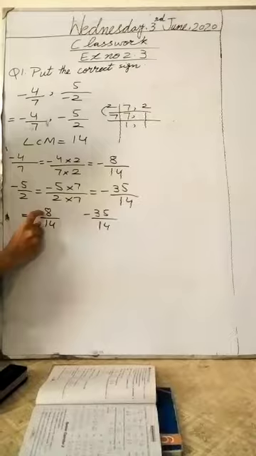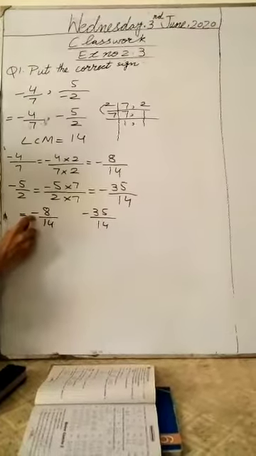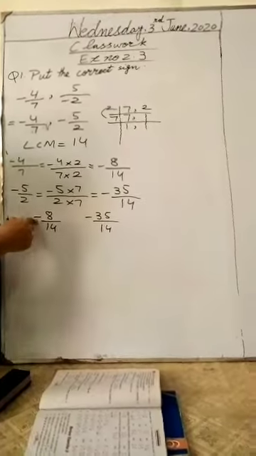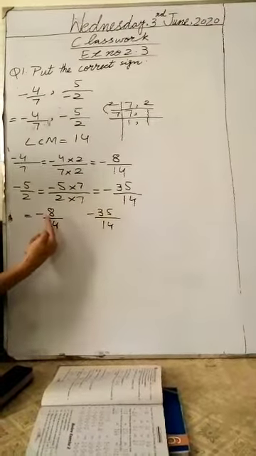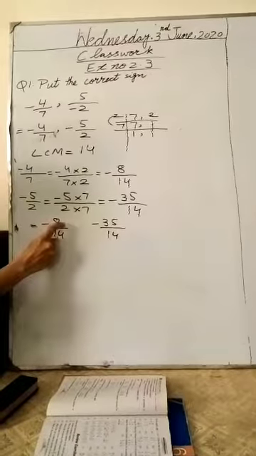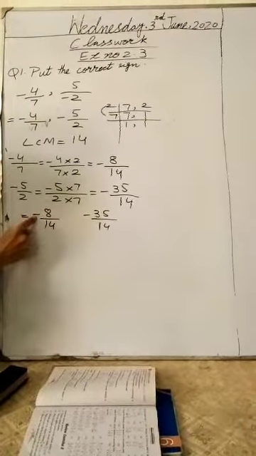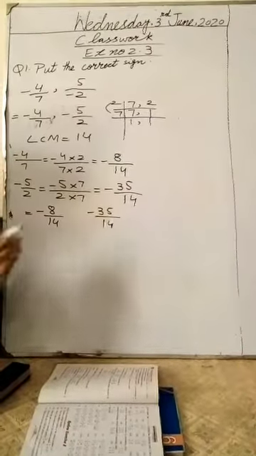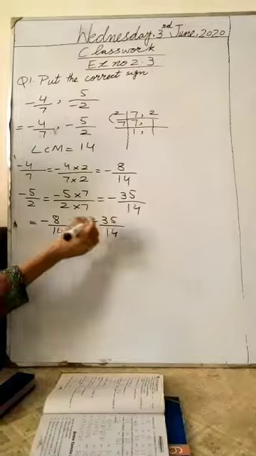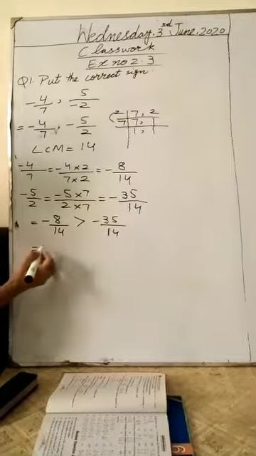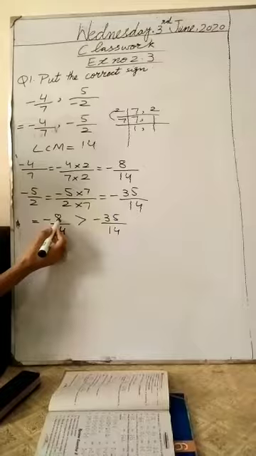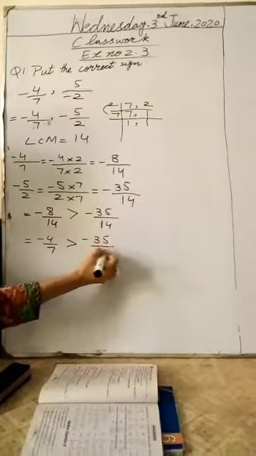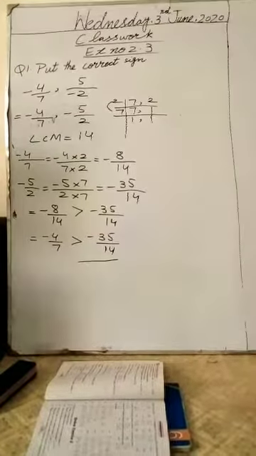The small value with the minus sign is greater for both minus values. It means minus 8 is greater than minus 35. Now write down the original values. Original value of it is minus 4 over 7 greater than minus 5 over 2. Draw the ending line.